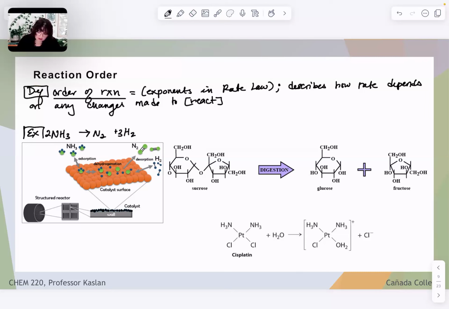Let's think about what is going to affect how many times we can have an ammonia molecule become dehydrogenated.